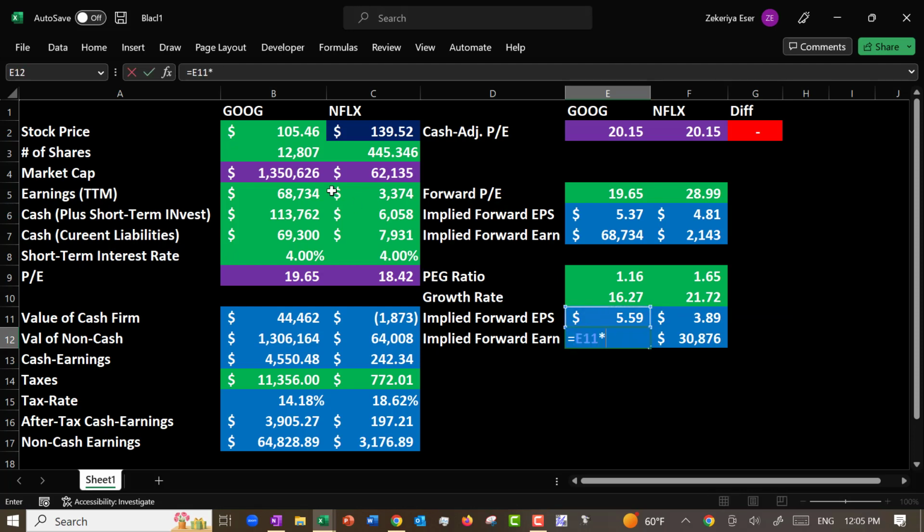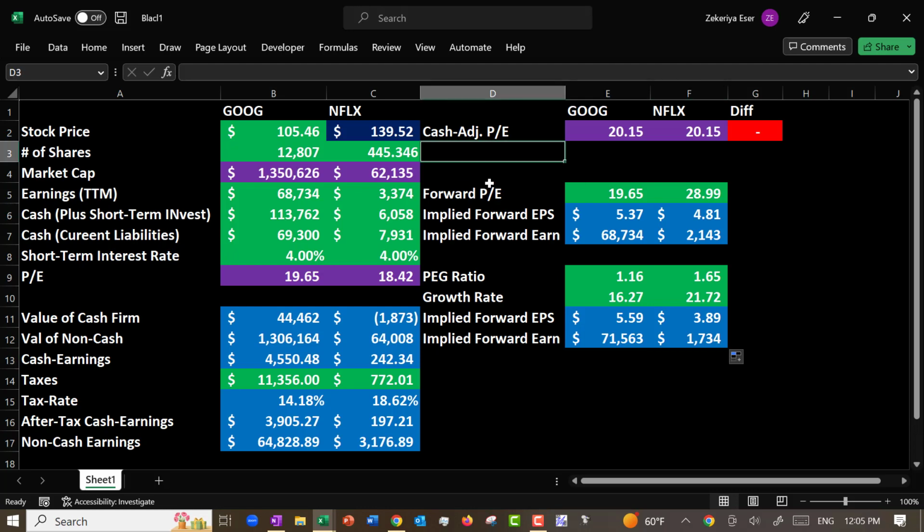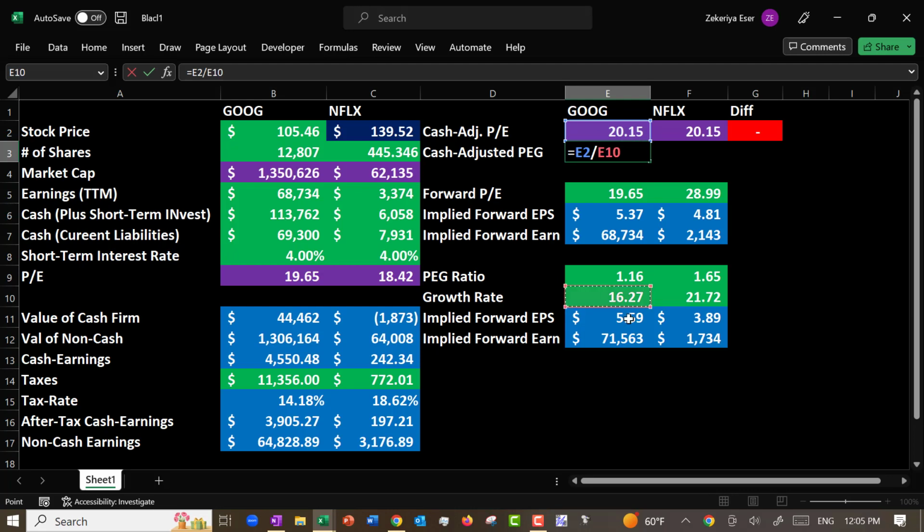EPS times number of shares. Let's also call this cash adjusted PEG. The cash adjusted PE ratio divided by the growth rate.